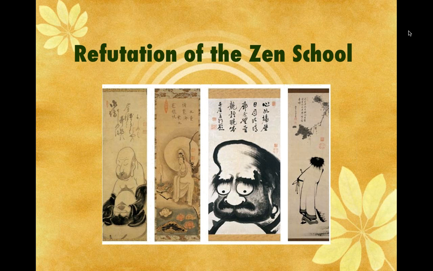So again, Nichiren is saying that if we believe in the Lotus Sutra, as he does, and as we ourselves state that we do, then the teaching that transmission occurs outside of the sutra would be false. That's our belief.